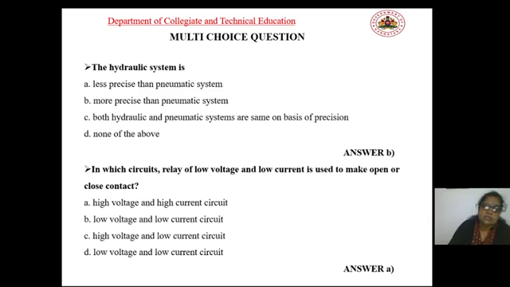In which circuit is a relay of low voltage and low current used to make or break a contact? That is definitely high voltage and high current, because relays are electromagnetic, electromechanical systems.